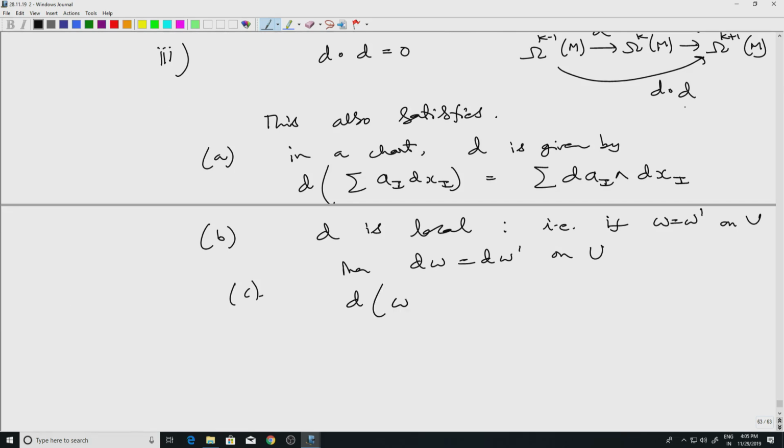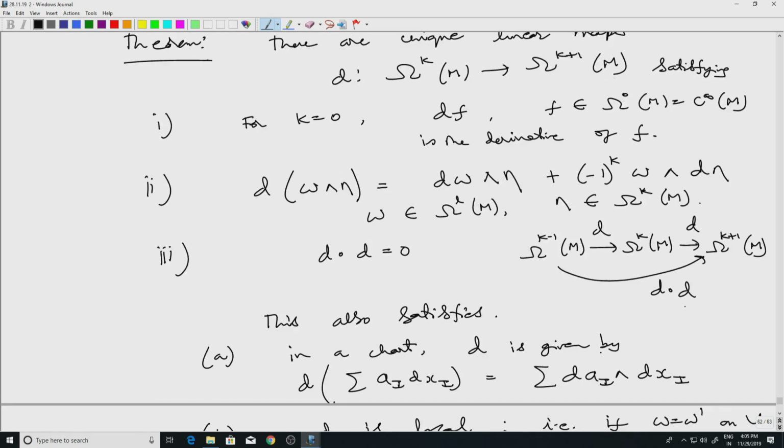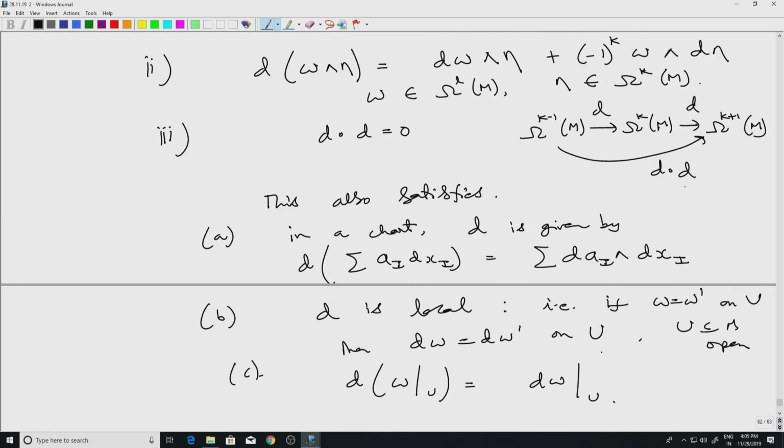Then d of omega restricted to U, where U is any open set, is the same thing as d omega restricted to U. I'll prove this next time. We'll first do the construction for R^n and then get it in general. All right, so we'll stop here.